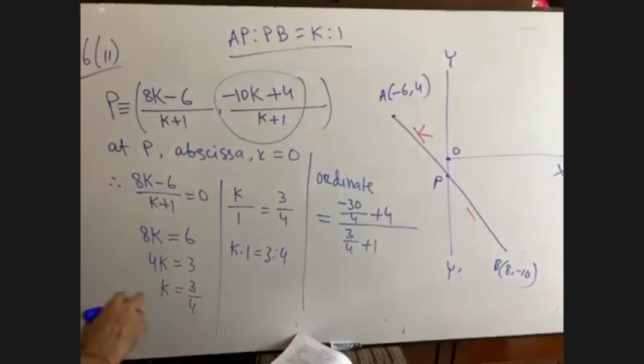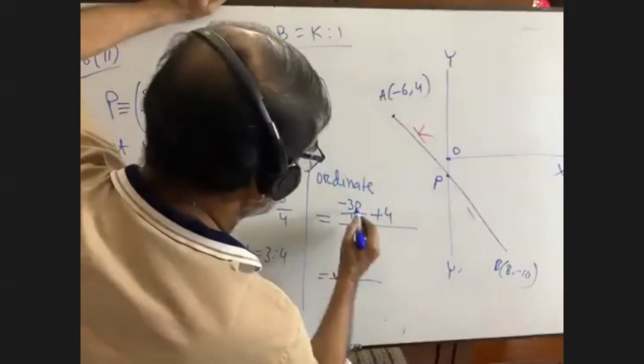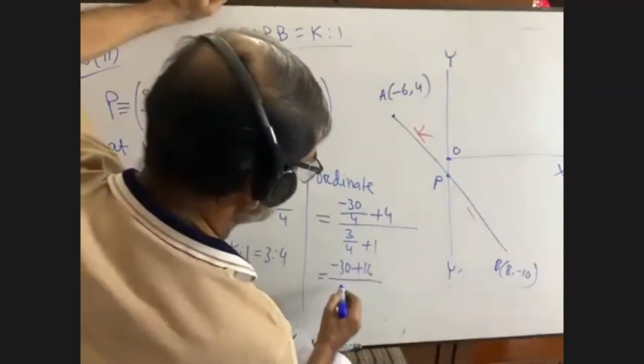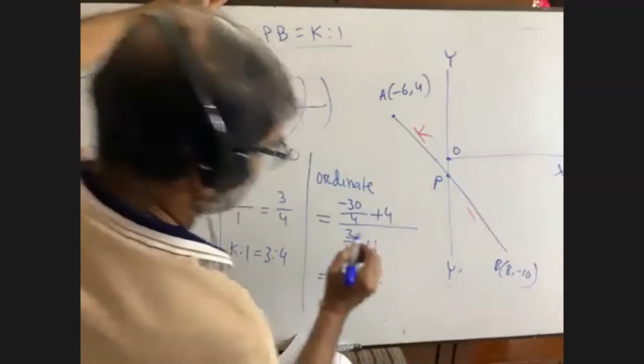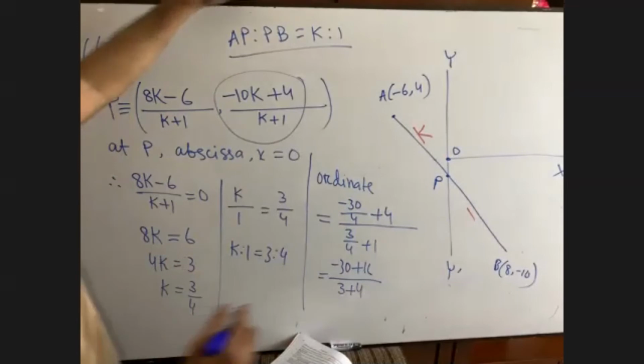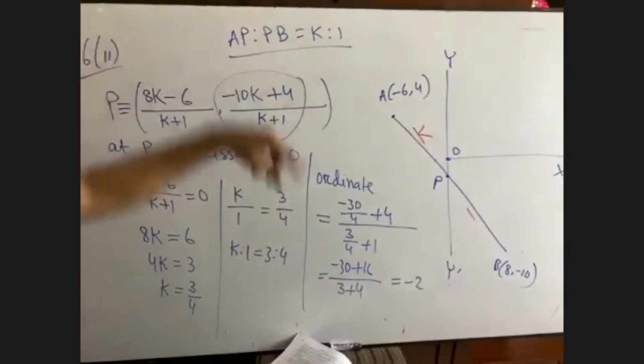Now multiply all by 4. Minus 30 plus 16, over 3 plus 4, equals to what? Minus 30 plus 16, that is minus 14 by 7, that is minus 2. So our ordinate of the point P is minus 2.